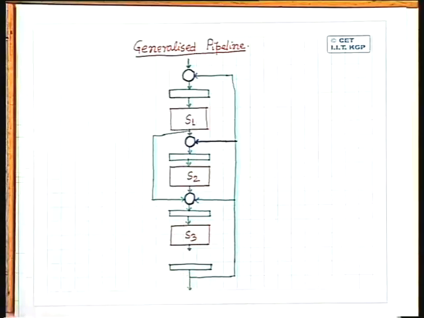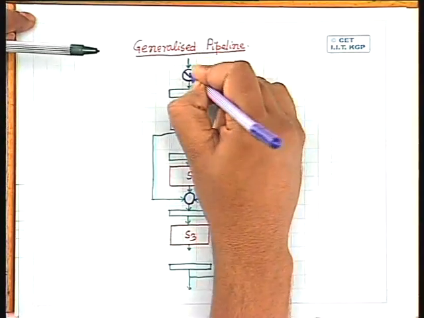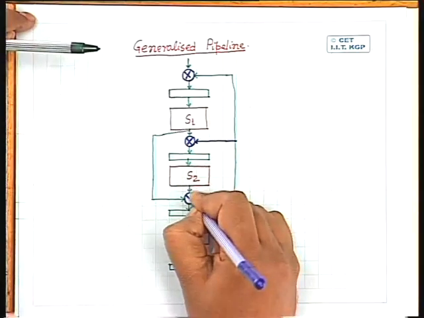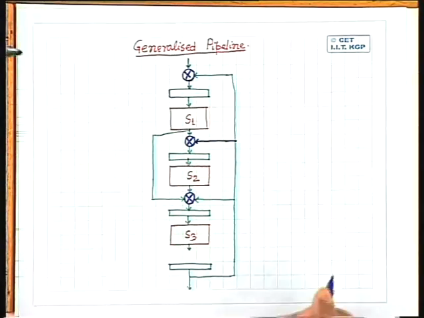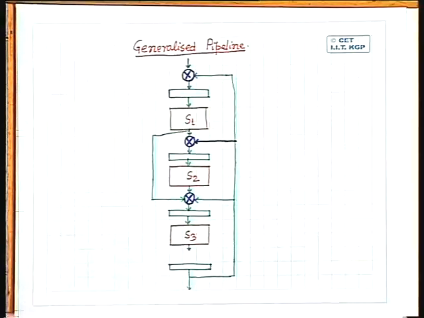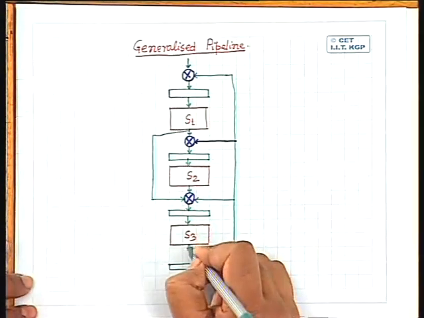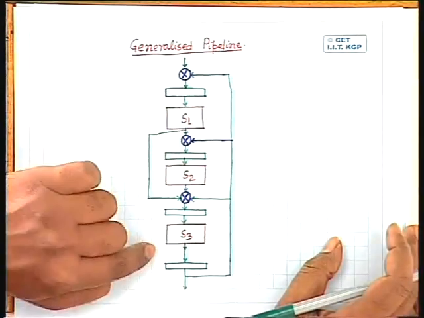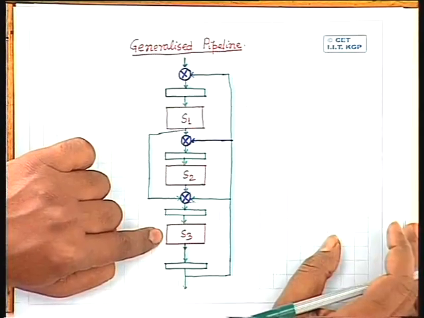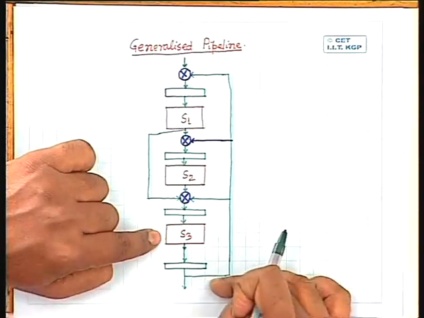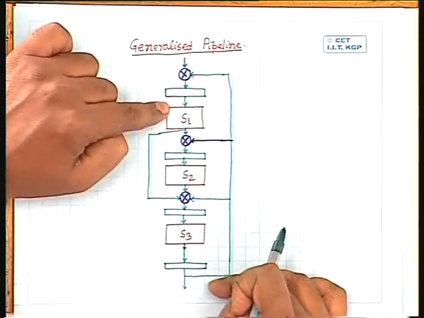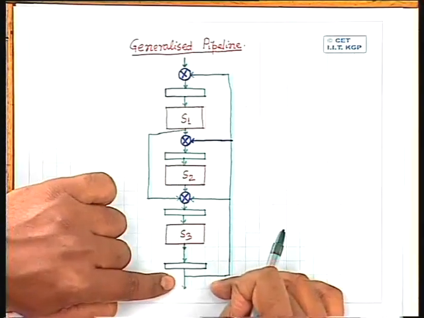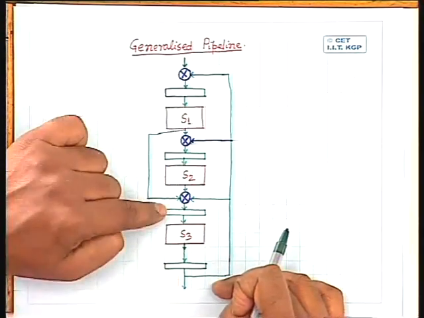And each of these are multiplexers. This is a multiplexer, this is also a multiplexer, this is also a multiplexer. So we find that by properly selecting the select inputs of the multiplexers, I can send the data from the output of S1 to the input of S3. I can send the data from the output of S3 to the input of S1. I can also send the data from the output of S3 to the input of S2. I can also send the data from the output of S3 to S3 itself.